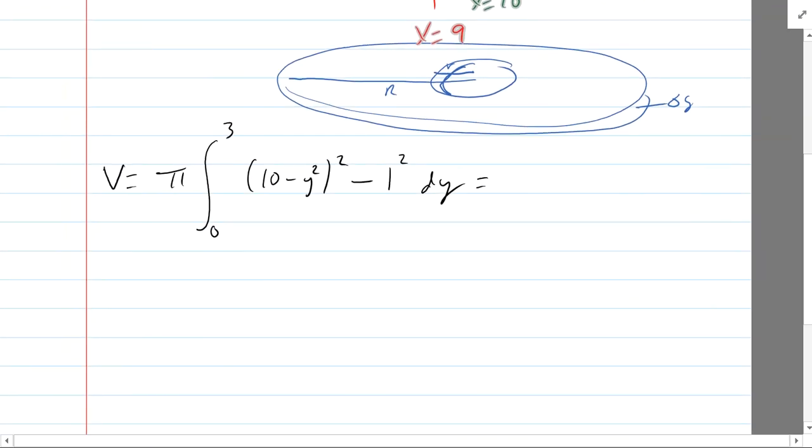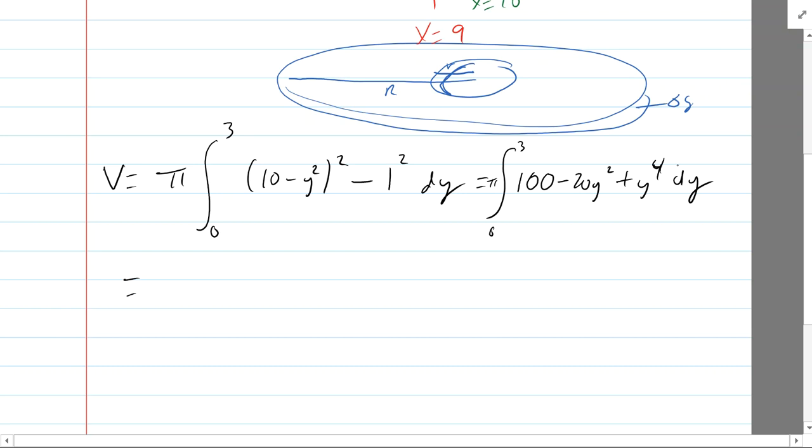All right, so now we're going to integrate, but first we have to do algebra. So I got pi, I'm going 0 to 3. What's 10 squared? Still 100. What is a negative 10? So a 10 times the negative y squared plus a 10 times the negative y squared, a negative 20y squared. And then negative y squared, squared is going to give me plus y to the 4th, dy. And the 1.